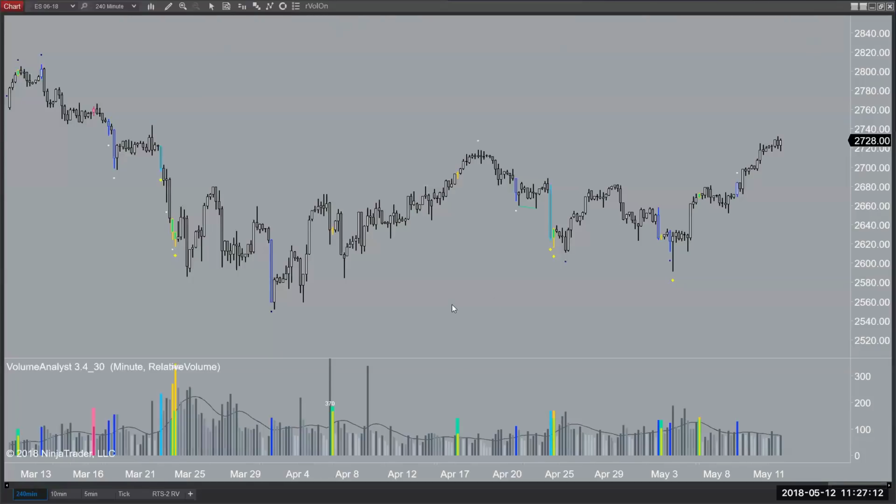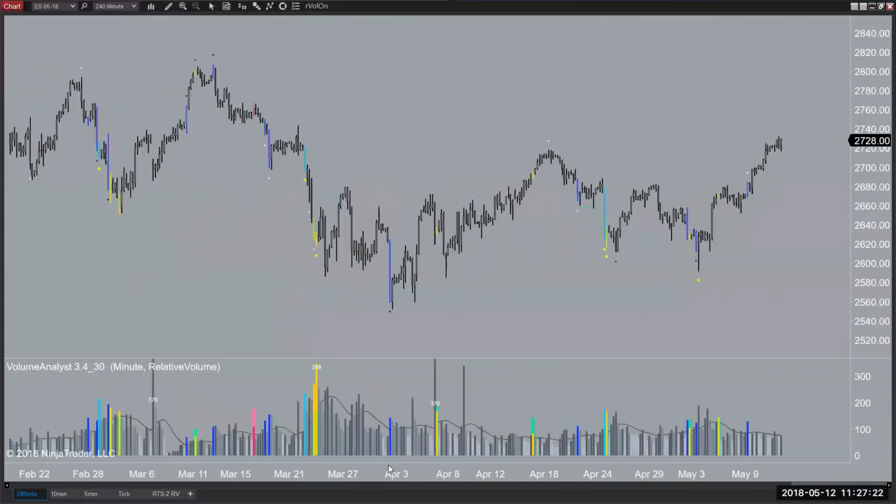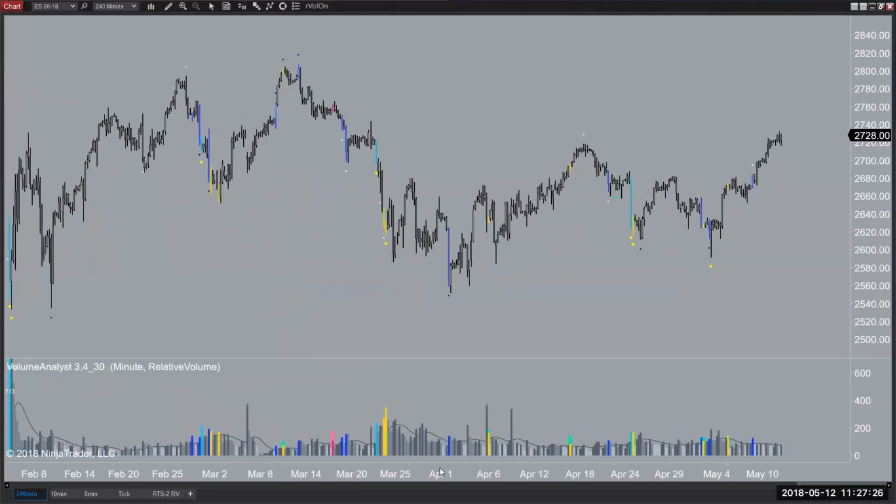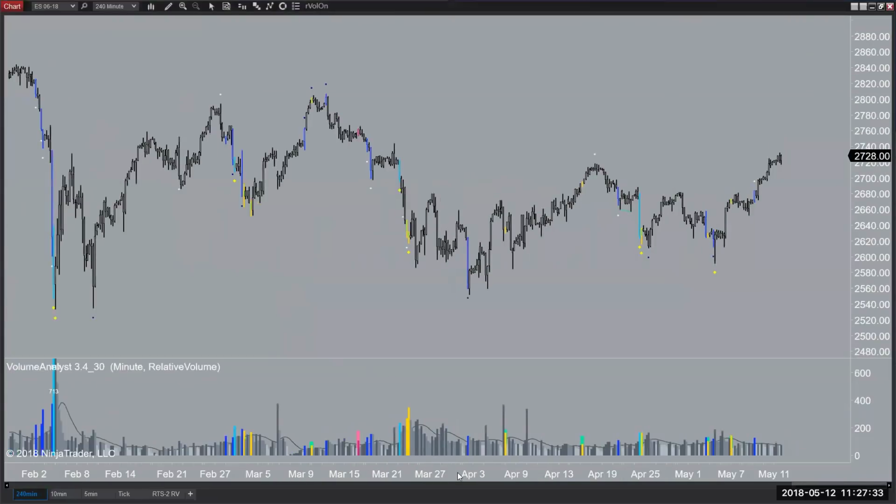So this is actually going to be, for everybody that owns the volume analyst, a free upgrade. If you just own the relative volume and you don't own the volume divergence, let's see.